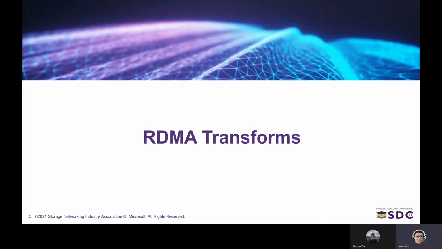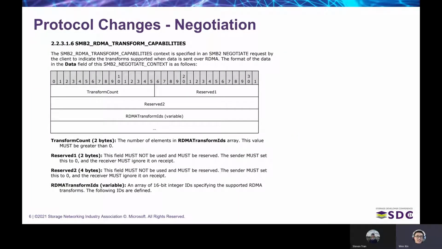In the future we will also be adding an RDMA compression feature in SMB. These are all included in the RDMA transforms. As a recap, what needs to happen for RDMA transform is, first, both the client and server have to support this feature.